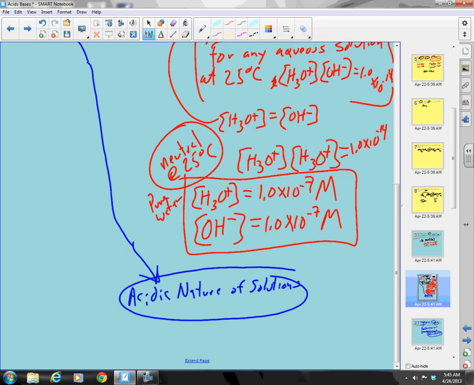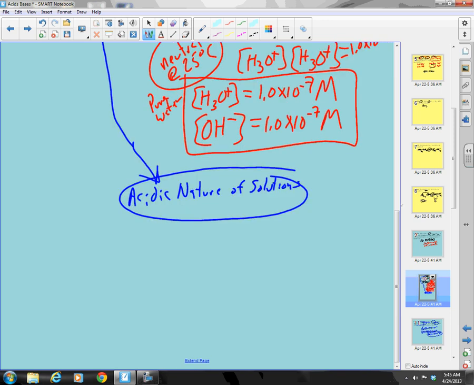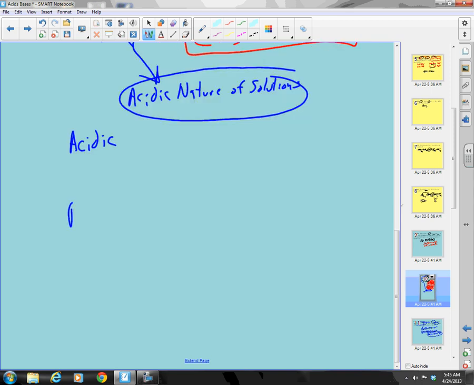Okay, we'll call it that. Good. Well, we can have three things, right? I can have something that is acidic. I can have something that is basic. And I could have something that is neutral. All right, and this really depends on our hydronium concentration relative to the hydroxide concentration.